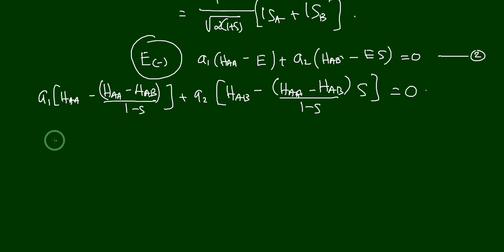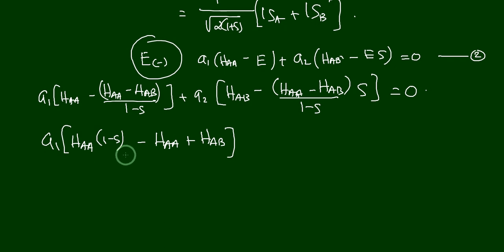So we can write it like A1 into HAA into 1 minus S, okay, minus HAA plus HAB. I'm not going to write the denominator here. You know what is the reason? We already did it in the previous steps, right? So that denominator will be cancelled. That's why.